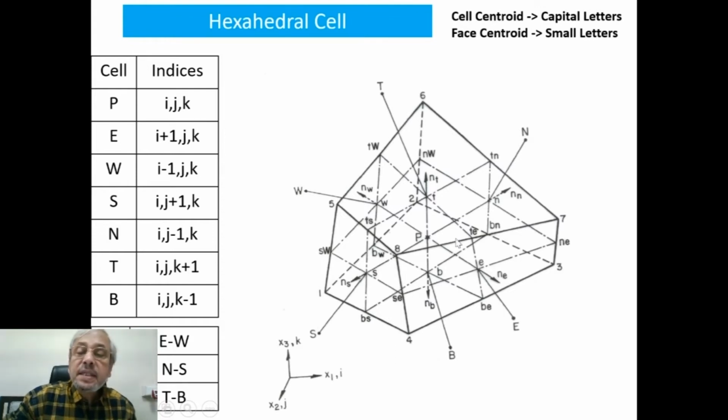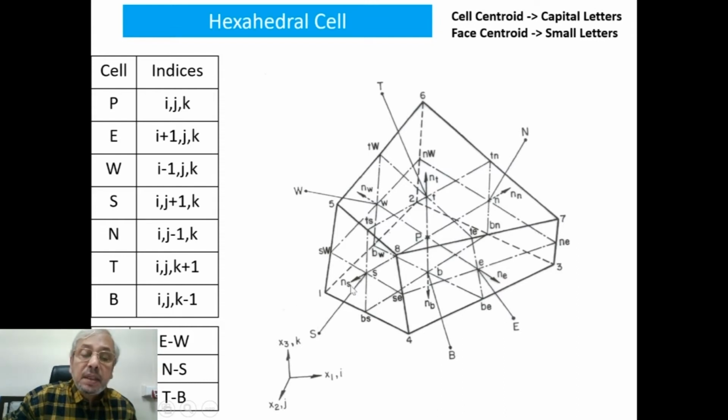So the IJK cell is basically the P cell. Similarly, the eastern neighbor cell will be identified as I plus 1, J, K. Western neighbor, that cell is identified as I minus 1, J, K.